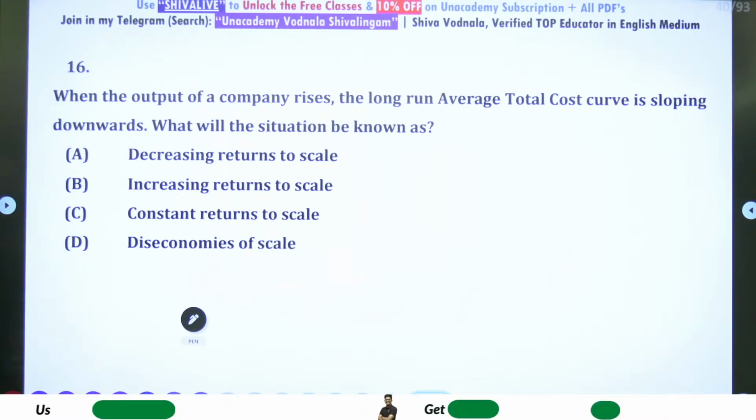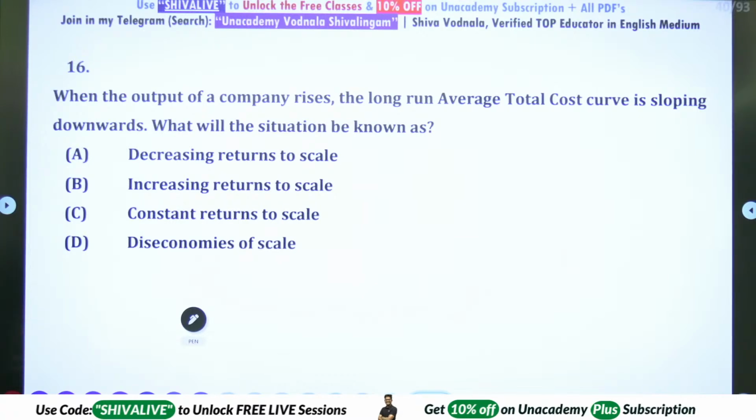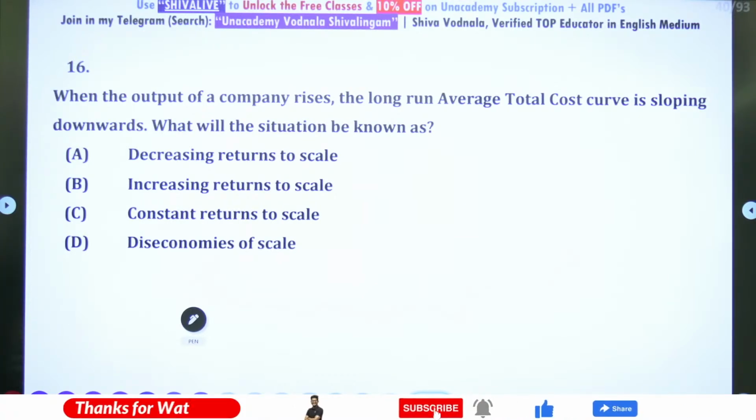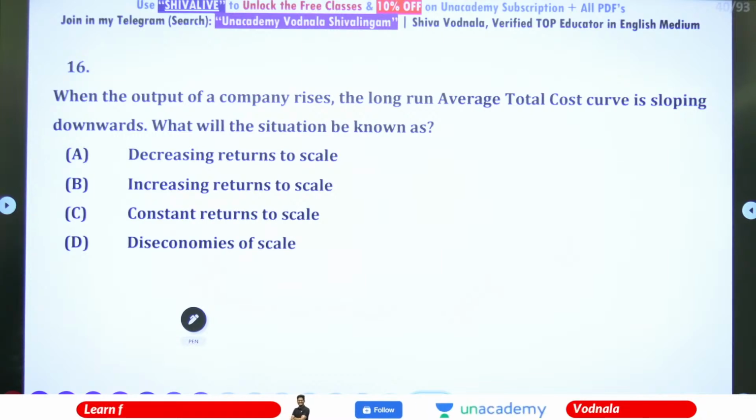When the output of a company rises, the long run average total cost curve slopes downwards. What will such a situation be known as? LAC.